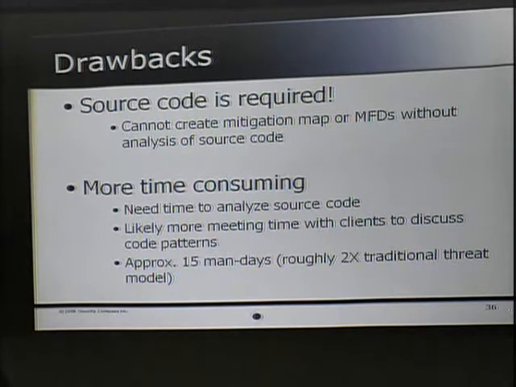We have to probably make checkbacks with the development staff to make sure that the assumptions we're making, that this is how the code works, are valid. And this all means there's more time. We estimate it's probably close to twice as long as the traditional threat model.